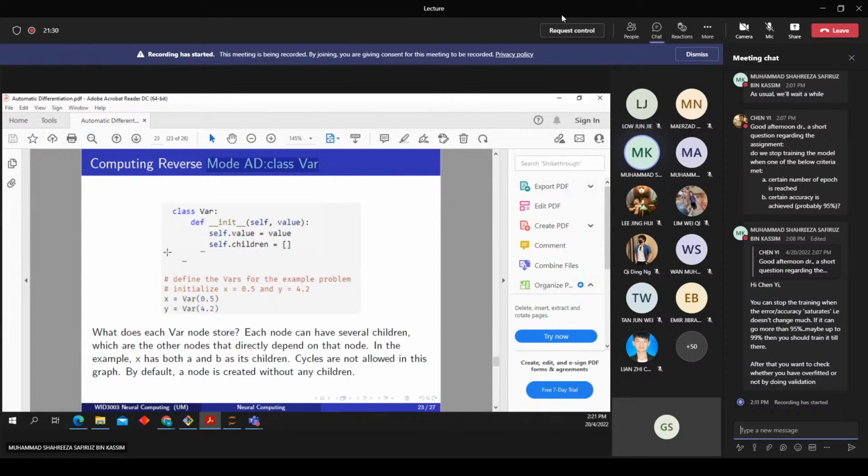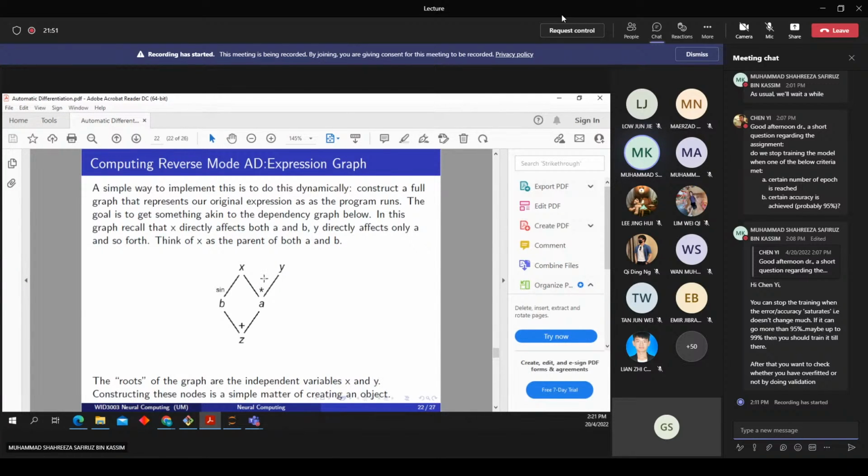Previously in forward AD, we were using the class of dual numbers, but here we are defining another class called var, or variables, I guess. In this class, we are storing the children. We have parents here, and we'll be storing the children.